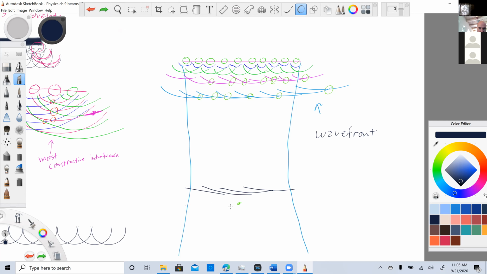That's not how I wanted to draw that. The wave front starts coming down in this pattern, a little bit like the bow of a ship.